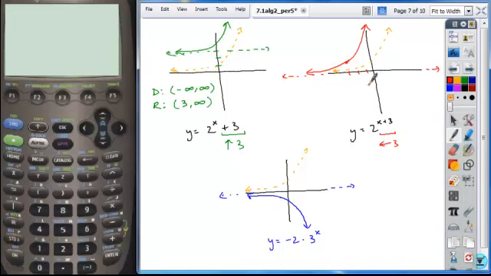When we look at this horizontal shift, the domain will always be all real numbers, so -∞ to +∞. The range on this, the lowest y value is 0, the highest is infinity. So for the range, there is no shifting. The horizontal asymptote is still at y = 0, so that's your critical point for this range.